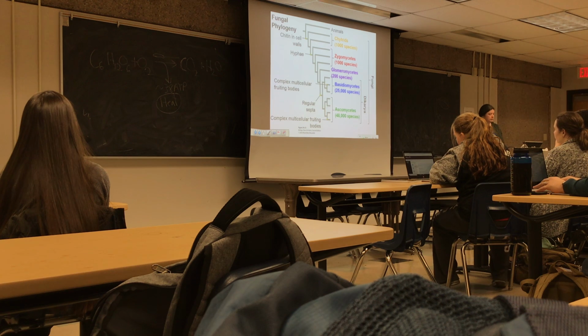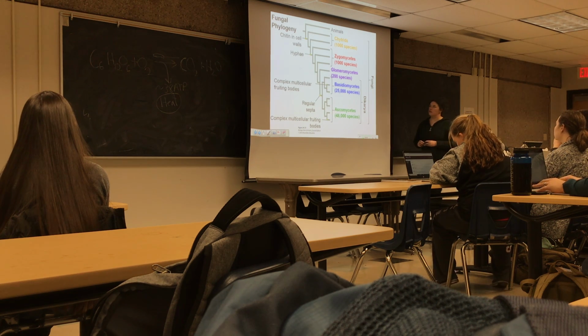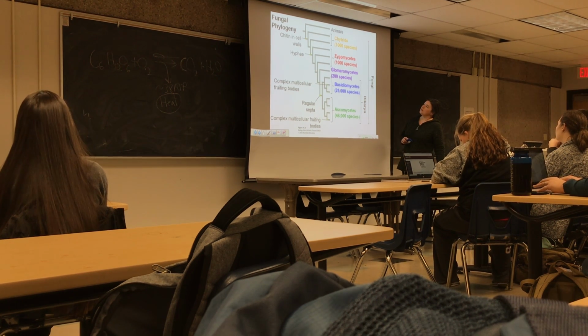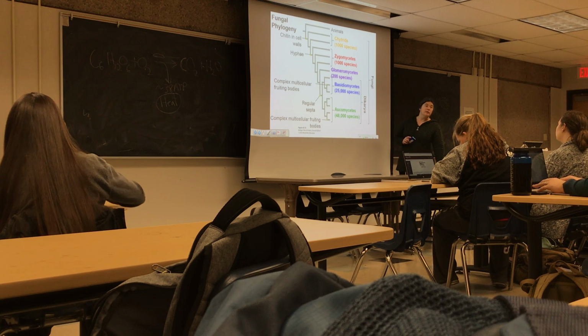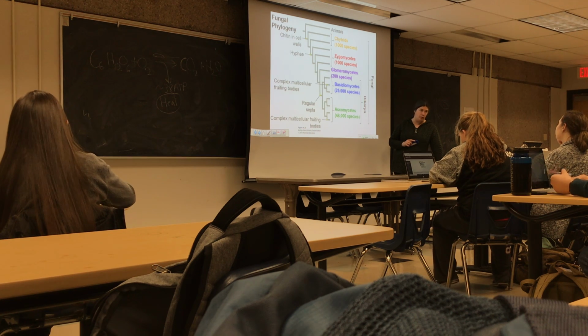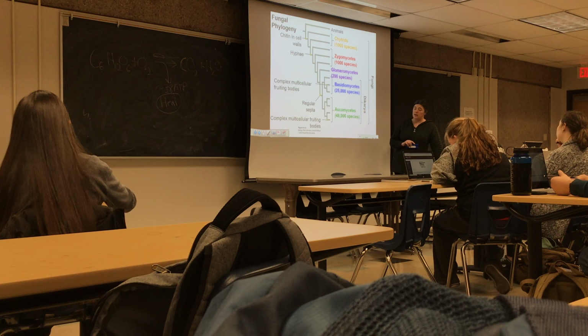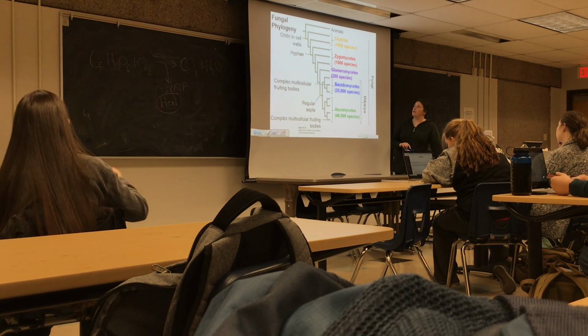All right, so we're now going to go into a little bit of fungal diversity here. So here's our phylogenetic tree of the fungi. This is still a work in progress. There's been substantial revision of the fungal phylogenetic tree as we get more information, and there may be additional revision, but this is our current breakdown of the fungal groups.